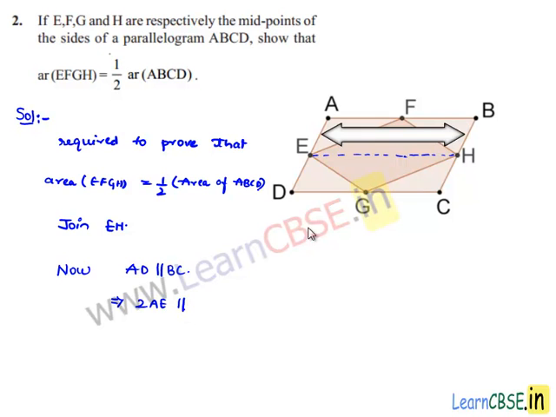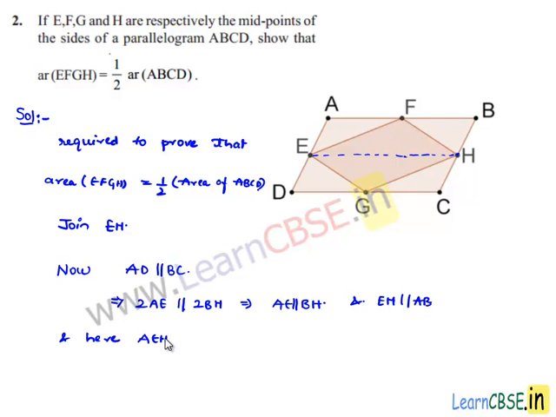Now we know that H is a midpoint of BC, so we can write BC as 2 times BH, which implies AE is parallel to BH, and EH passing through the midpoints of AE and BH will also be parallel to AB, and here AEHB is a parallelogram.